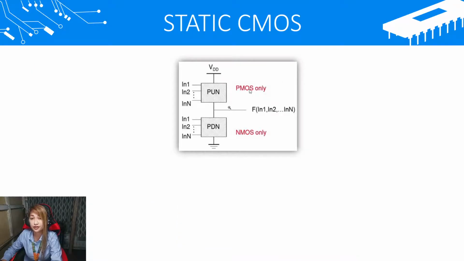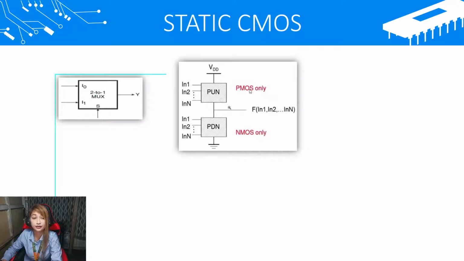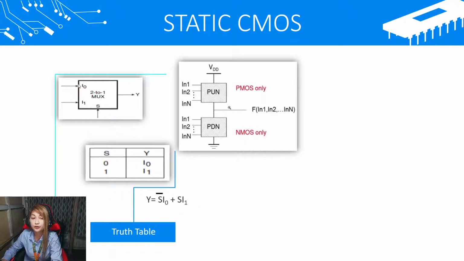Again, this is the block diagram of a static CMOS. Since we are asked to design a 2-to-1 multiplexer for static CMOS, let us first proceed with our multiplexer. So this is the symbol for the 2-to-1 MUX. It has two inputs, I sub 0 and I sub 1. It has a selector input and then an output Y. This is the truth table.